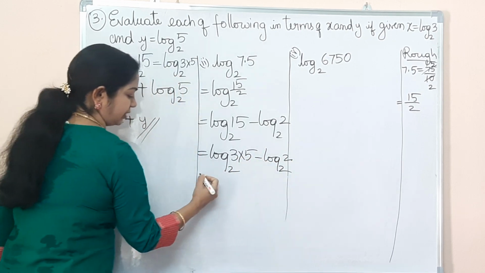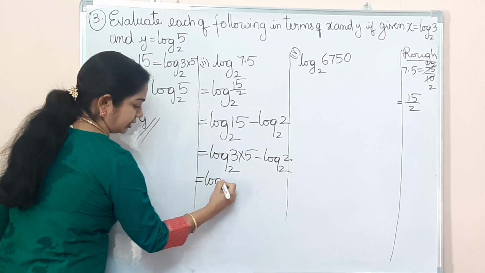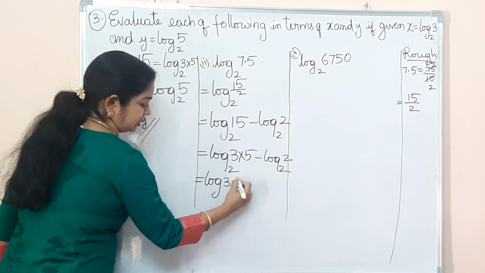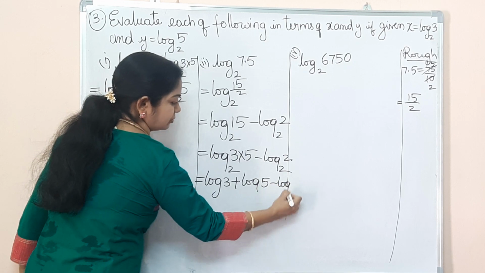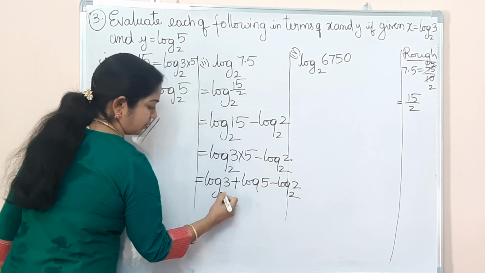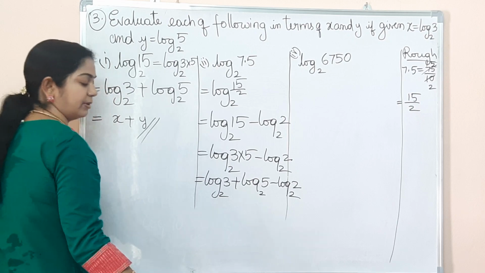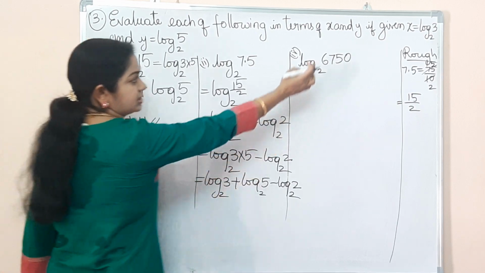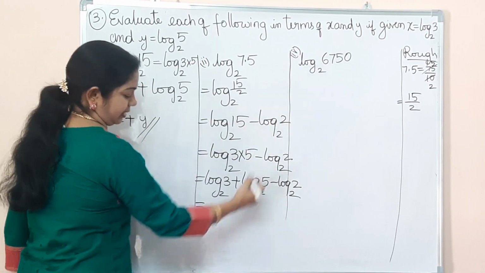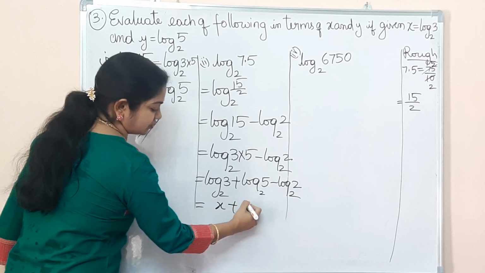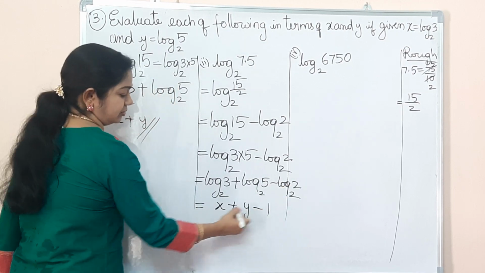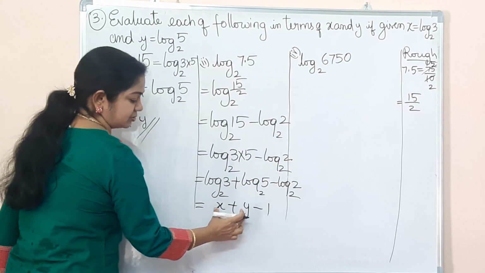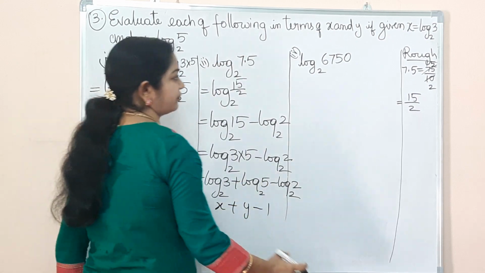Here 3 into 5, and I'll use the multiplication law: log 3 plus log 5 minus log 2 base 2, all having a common base. Now log 3 is x, log 5 is y, and log 2 base 2 is 1, we know. So this expression has been reduced to x plus y minus 1, in terms of x and y.